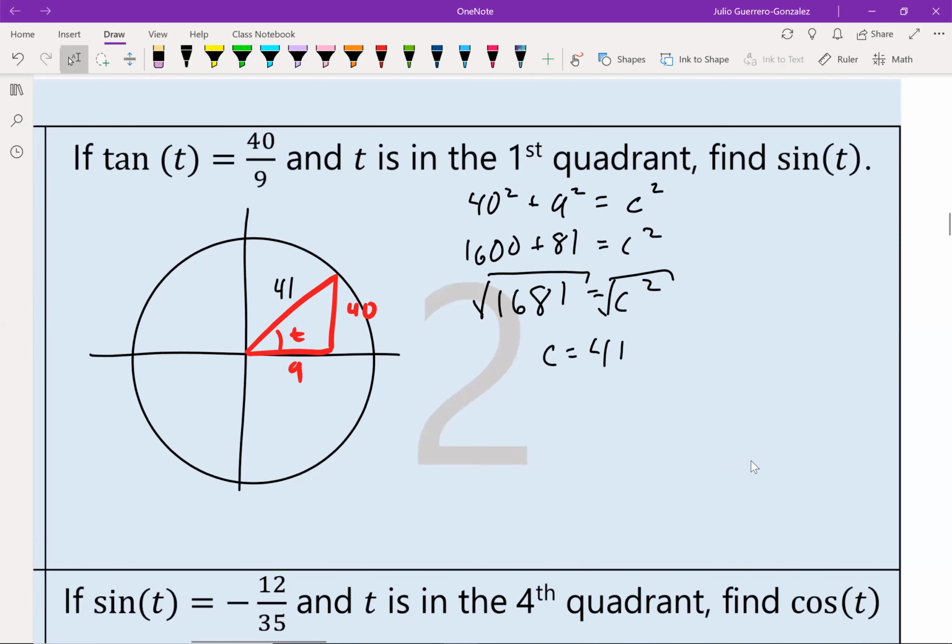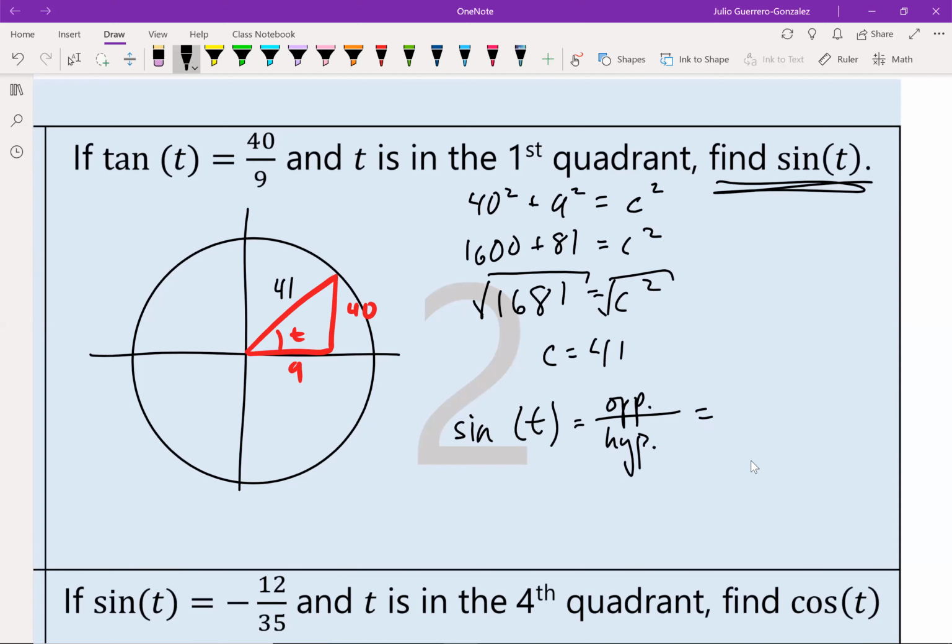So sine of t, we know, is equal to opposite over my adjacent. Sorry, opposite over hypotenuse. So opposite of my angle is 40. My hypotenuse is 41. We are done.